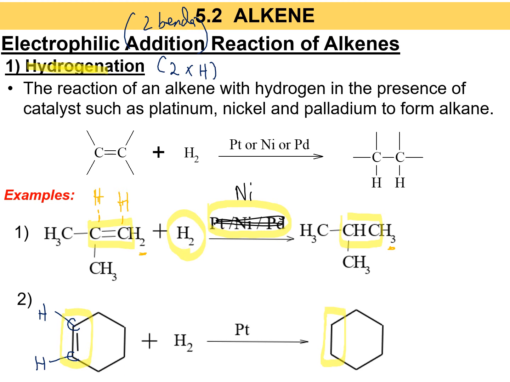Kita isi dengan hydrogen at each of the carbon atoms dekat this carbon double bond. Therefore, nanti bila dia jadi single bond, makanya dapatlah dua hydrogen atoms at each of them. Alright.